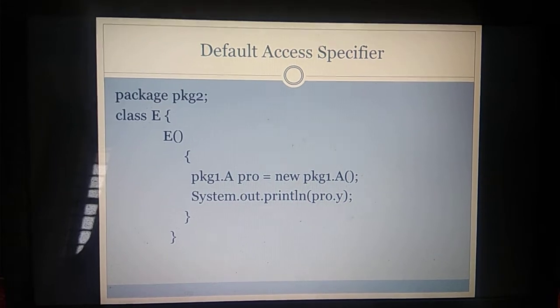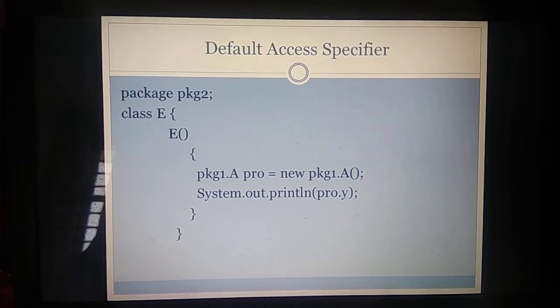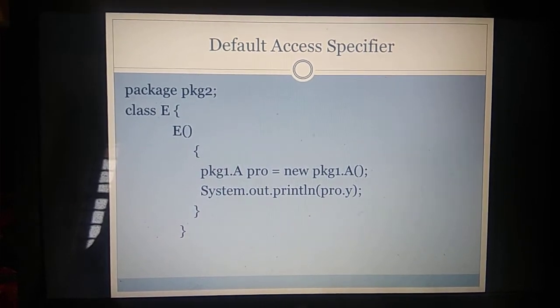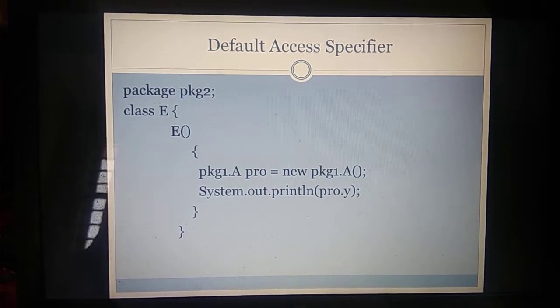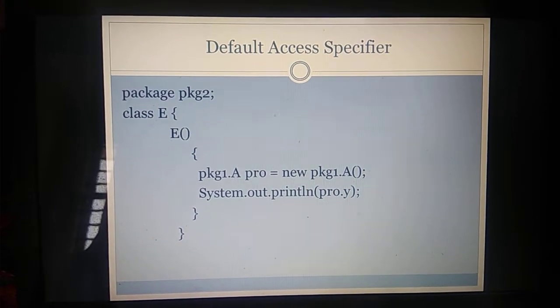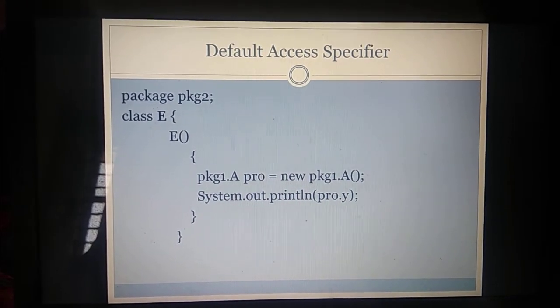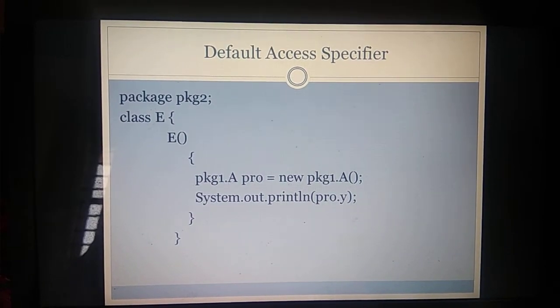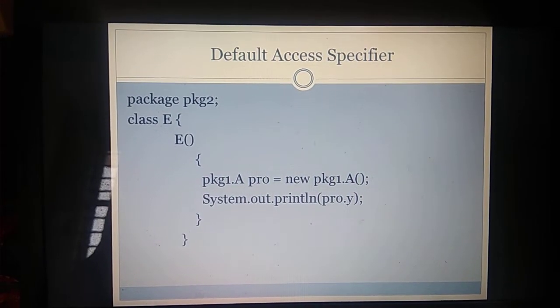So whatever variable you have, if it is a default variable and you are accessing it outside of the package, it's not possible. That is the basic term. We tried to access the variable in two different ways. One is accessing with the use of a subclass, the previous code.